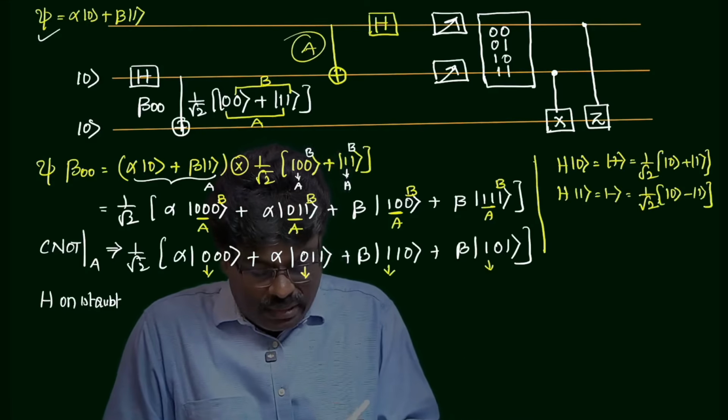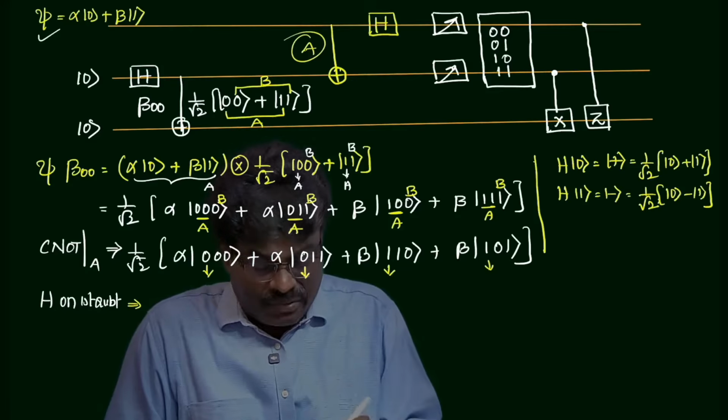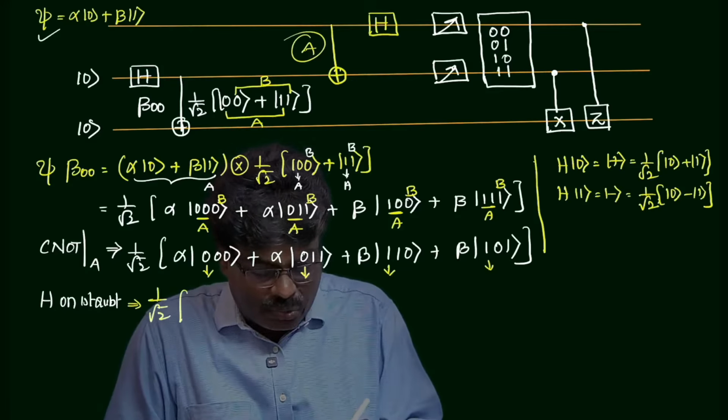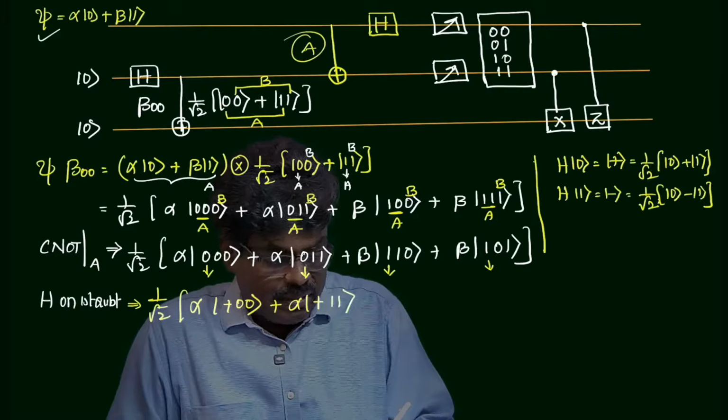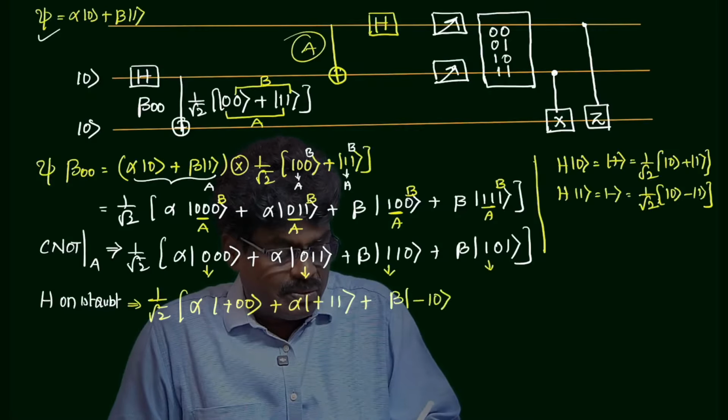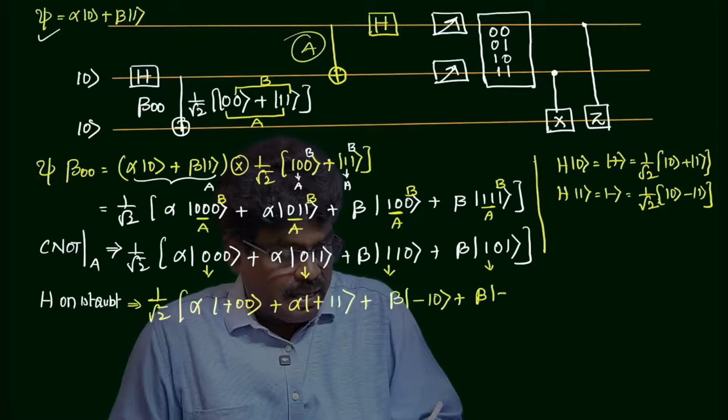So by using this, after the Hadamard operation on the first qubit, we will get 1 over root 2 alpha plus 0 0 plus alpha plus 1 1 plus beta minus 1 0 plus beta minus 0 1.